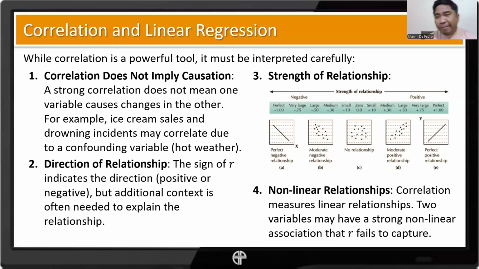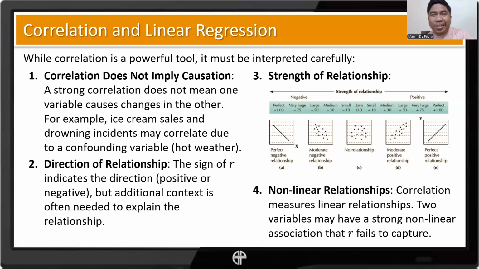Suppose there's a certain place where the assigned researcher has noticed that whenever there's a significant increase in ice cream sales, there is always a significant increase in the number of drowning incidents. So the more ice cream sales there are, the more drowning incidents.